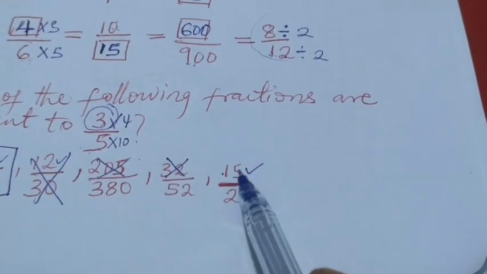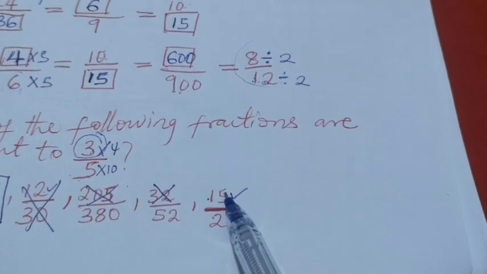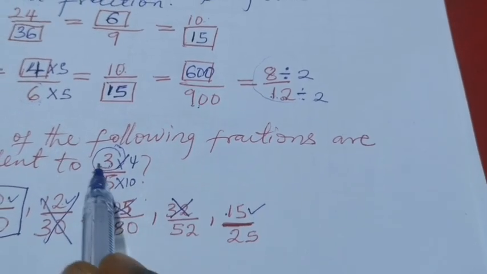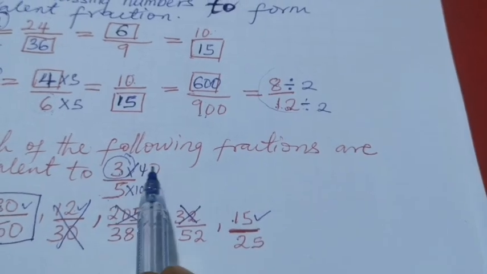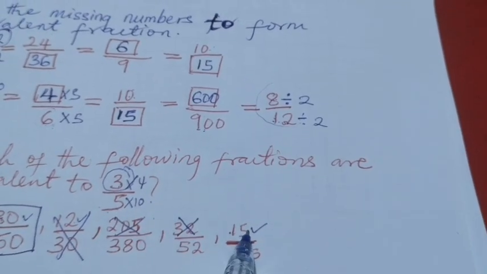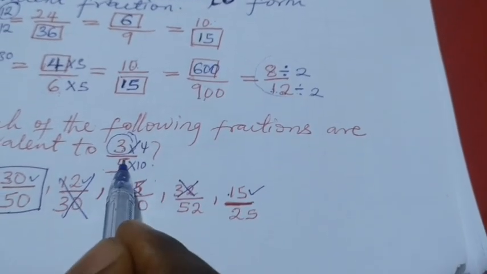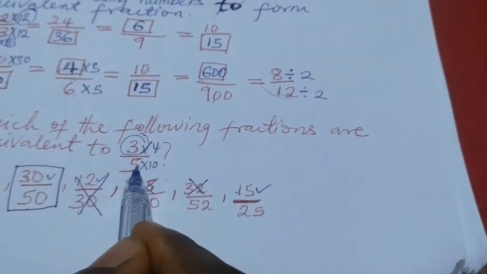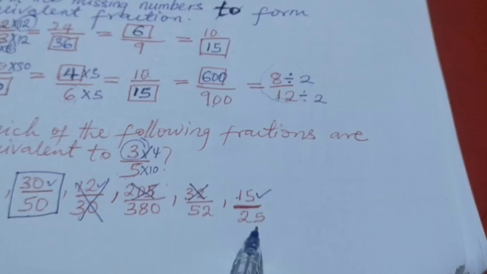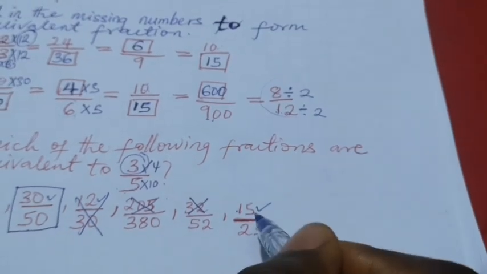Okay, over here we have 15 as the numerator. So let's check 3 times what will give us 15. 3 times 5 is 15. Then that same 5, let's use it and multiply the denominator, which is 5. So now we say 5 times 5 is 25. Okay, so this one is also going.